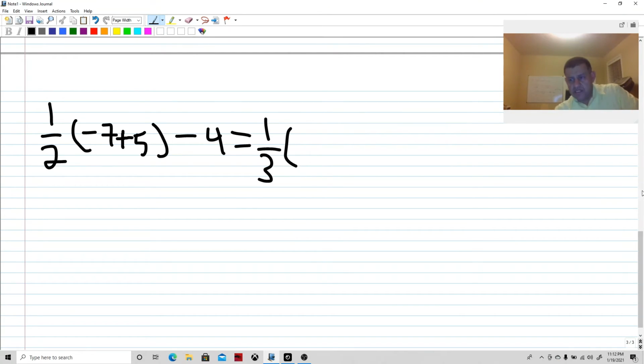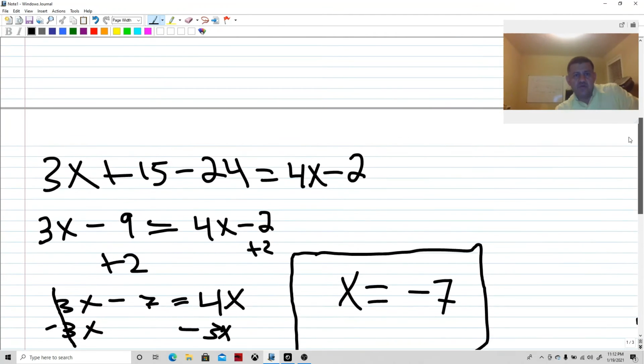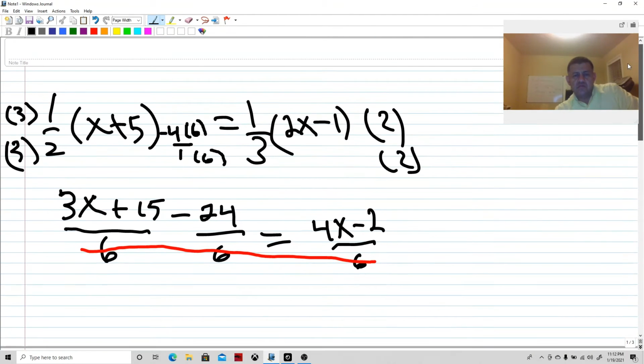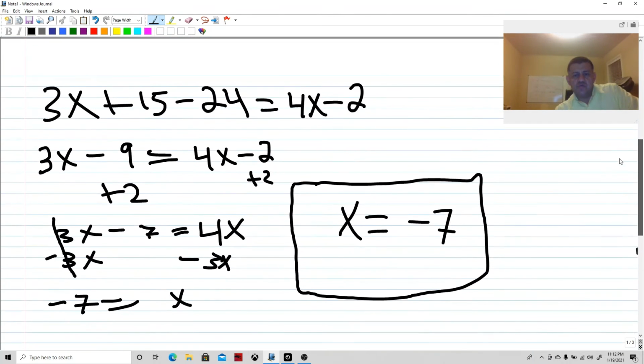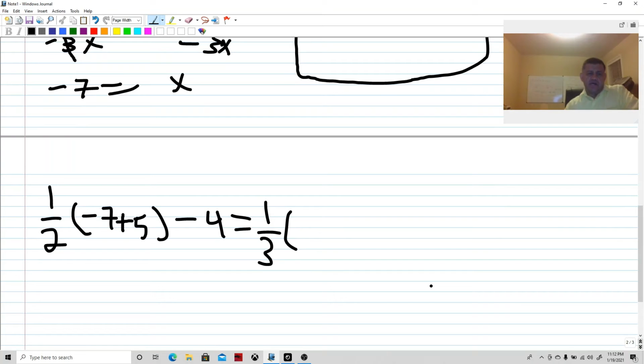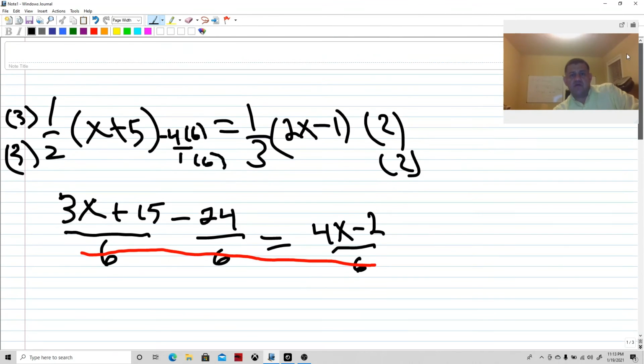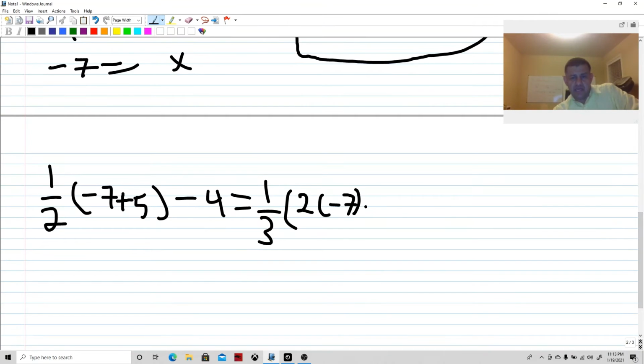And then we do 2 times minus 7, and then minus 1, correct? So here we get minus 1, and we close the parenthesis.